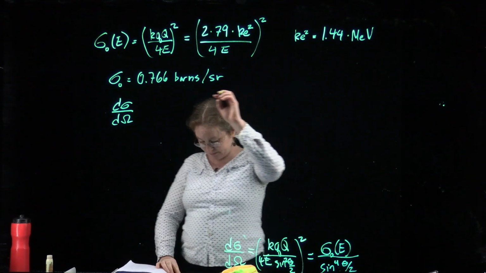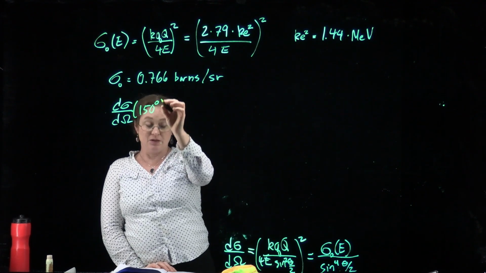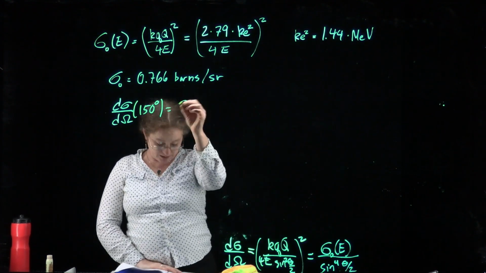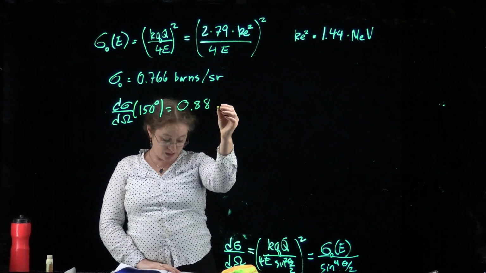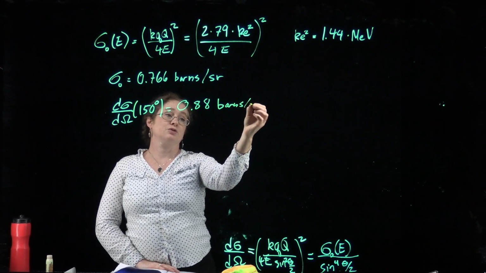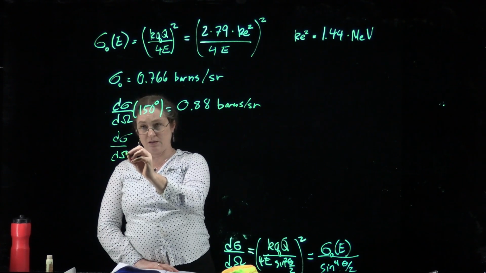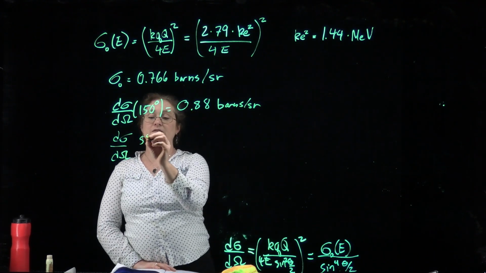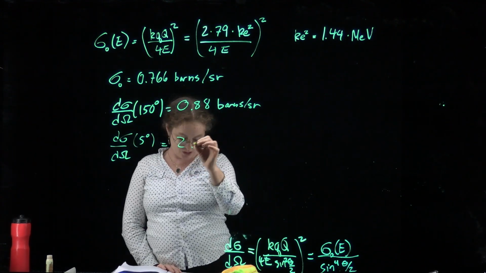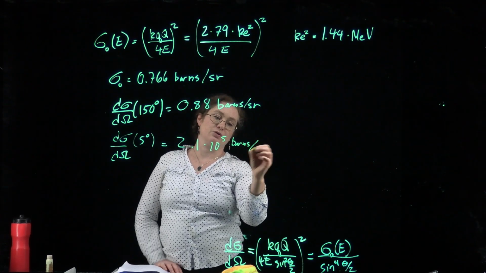So then at 150 degrees, so pretty dang far back, this has a cross section of 0.88 barns per steradian, and at 5 degrees, where things are mostly plowing straight ahead, this has a cross-section of 2.1 times 10 to the 5th barns per steradian.